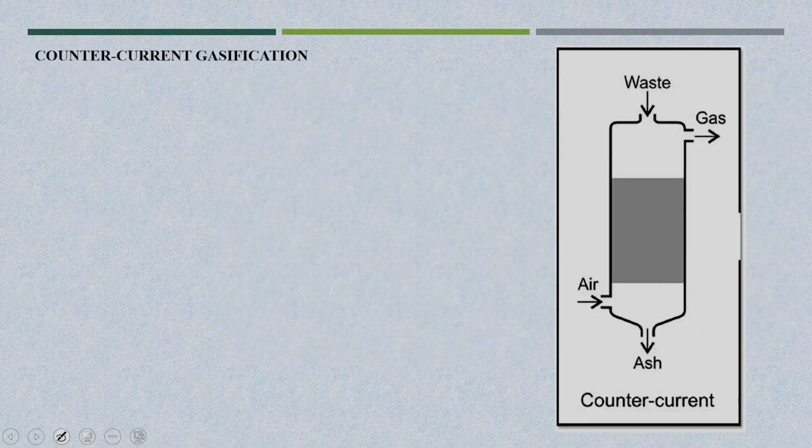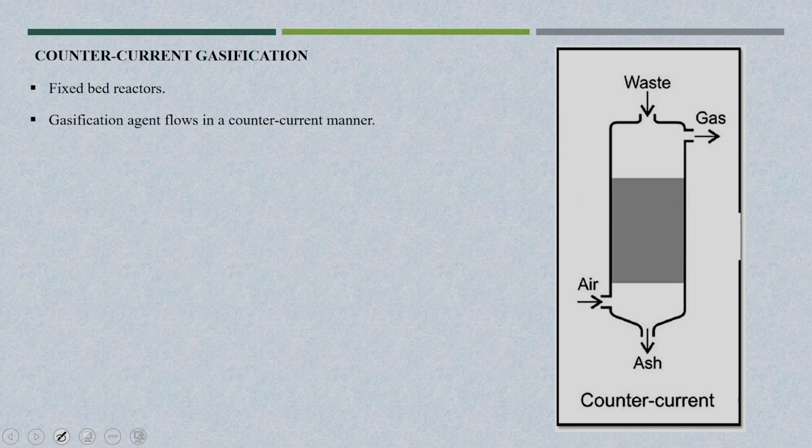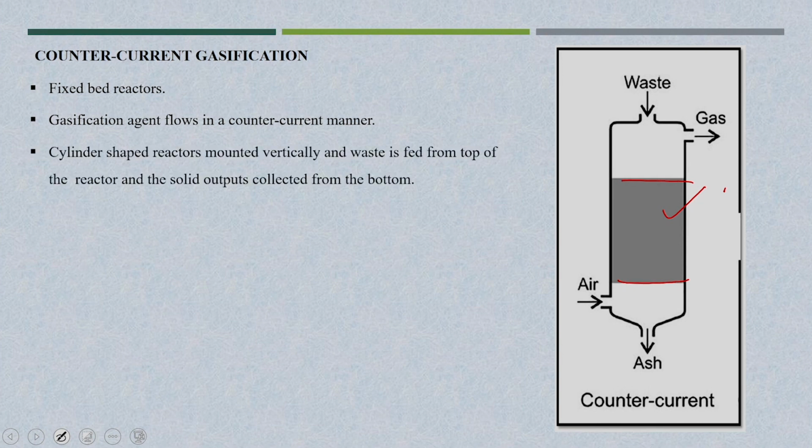So, first is the counter current gasification. It is also a fixed bed reactor, the bed is fixed here, this is the waste, this is the particular bed, and the gasification agent flows in a counter current manner. So, it will go like this.